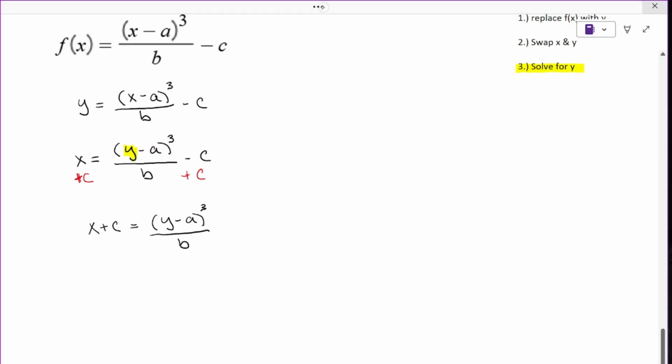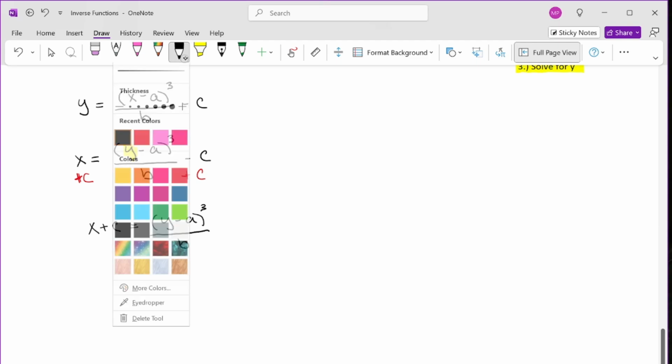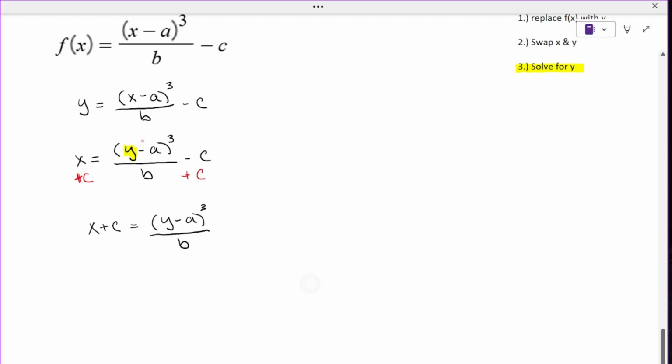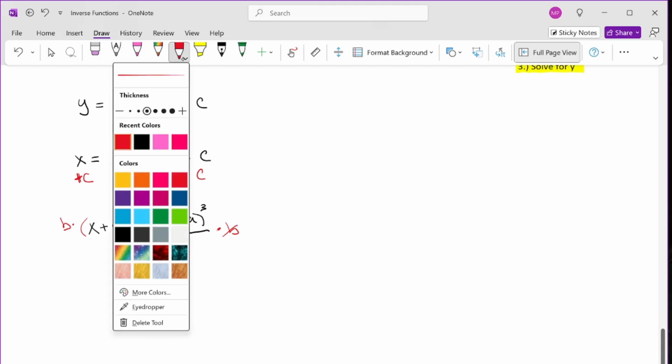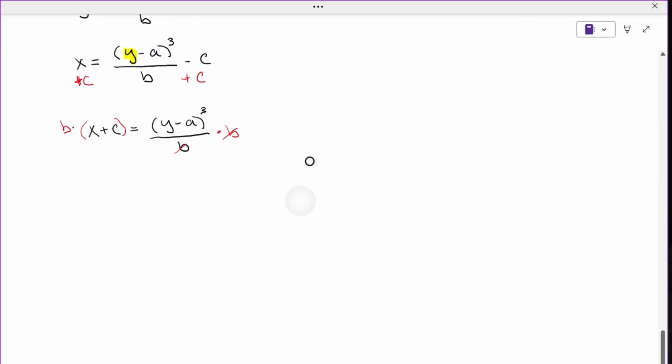Now to undo this fraction, I'm going to multiply both sides by b. So then the b's will cancel out, right? And I am left with b times, I'll leave a dot there just so we're very clear, (x plus c) equals (y minus a) cubed, right?